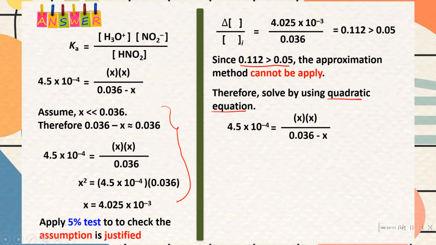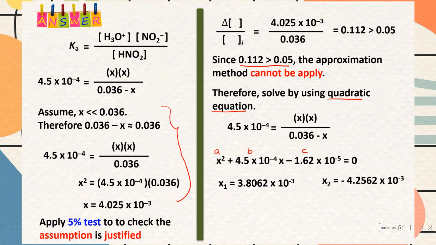You calculate until you get the quadratic equation. This is A, this is B, this is C. Then just press your calculator and you get two values of X. We notice that X1 is a positive value and X2 is a negative value. Therefore, we only accept X1, and the negative value X2 is not accepted because X refers to the concentration at equilibrium, and concentration cannot be negative.